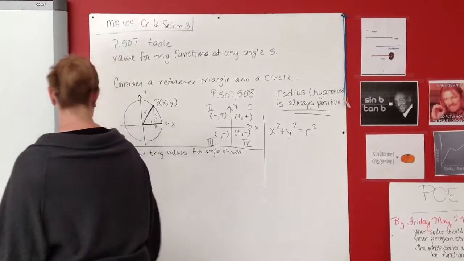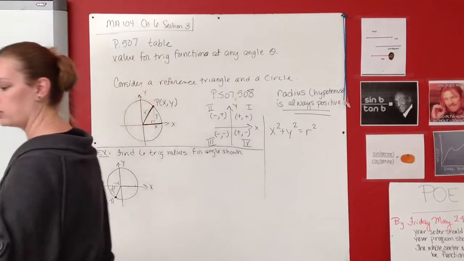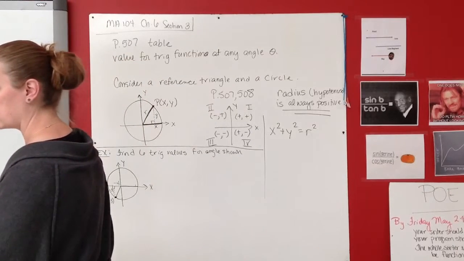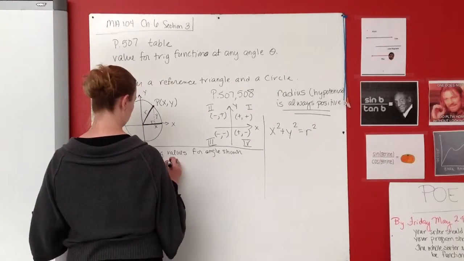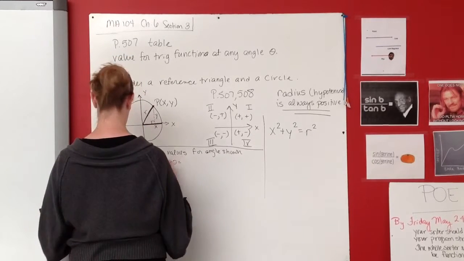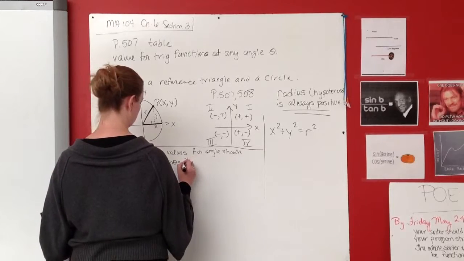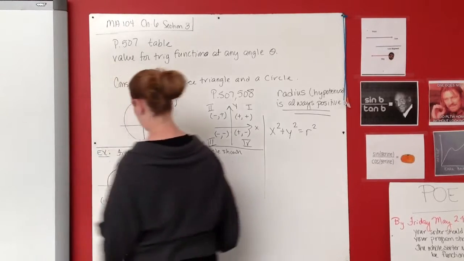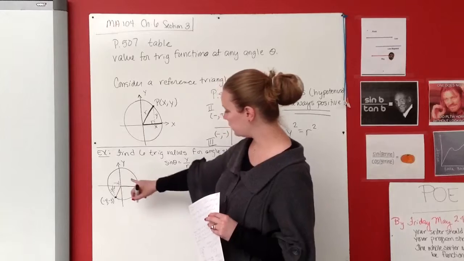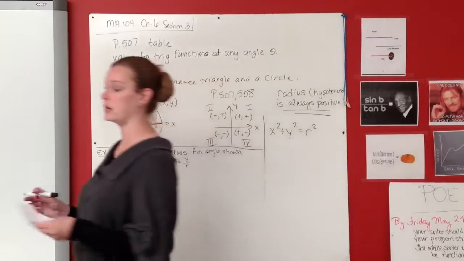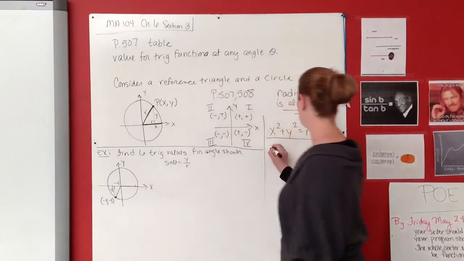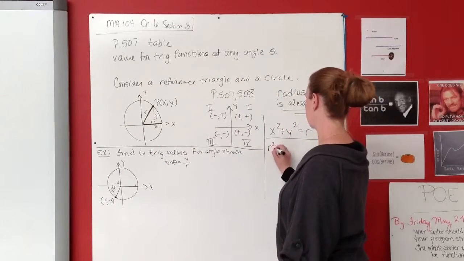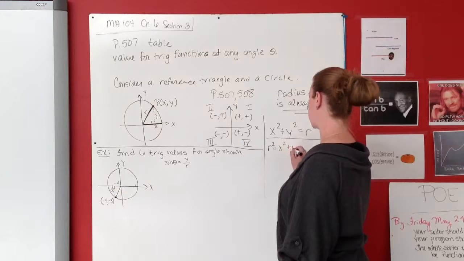So, looking at our 6 trig values, and pulling the formulas from that table on page 507, first of all, the sine of theta is going to be y over r. Well, before we can plug anything in, we need to figure out what the radius actually is. Your radius is going to be the square root of x squared plus y squared.